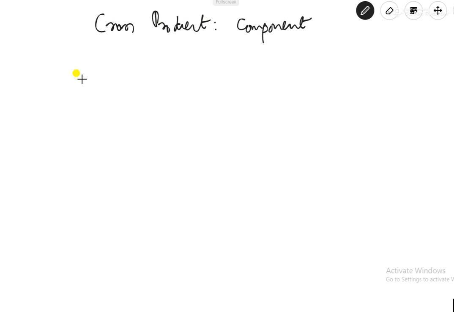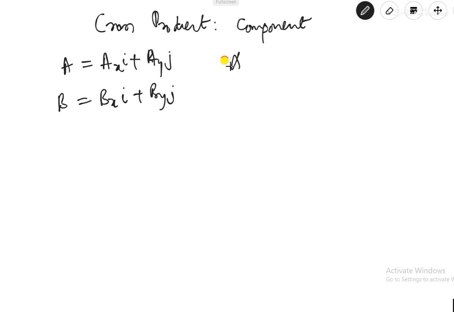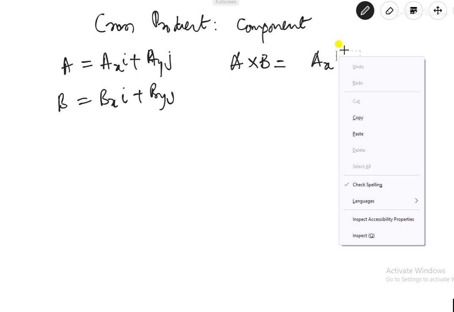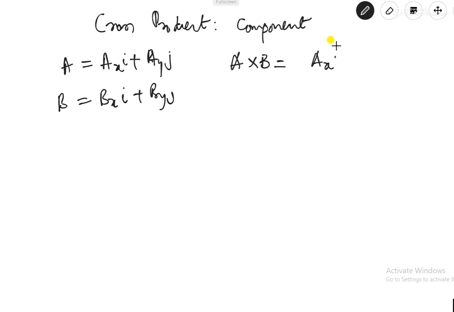Earlier we have seen A is equal to AX I plus AY J, and similarly the other vector has components BX I plus BY J. When you write A cross B, that is equal to what? AX I plus AY J, cross BX I plus BY J.